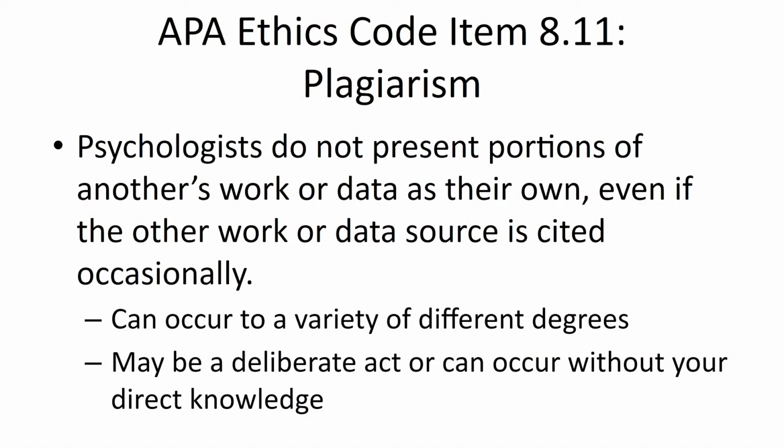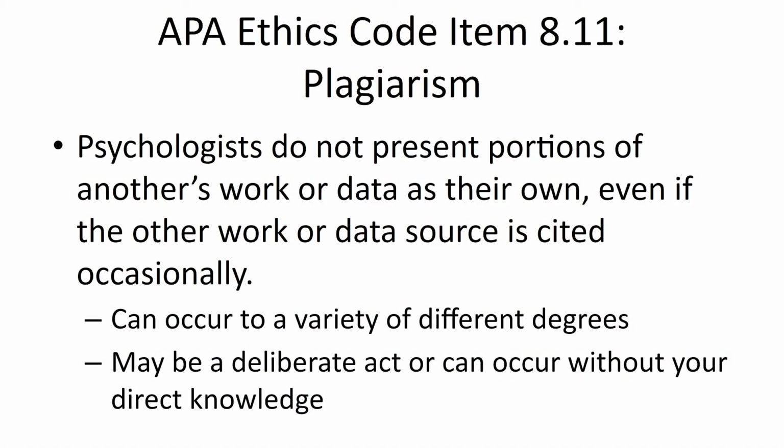The whole assumption of APA style is that you're presenting something new. You're presenting some original work. So this is already one example of how a lot of people can get kind of tripped up with APA style and plagiarism issues. But like any ethical issue, plagiarism is not simple. It's not like there's only one kind of plagiarism.